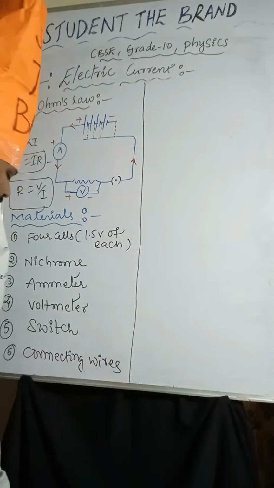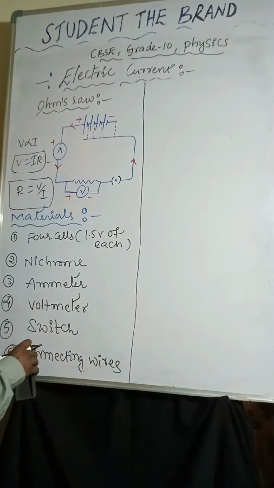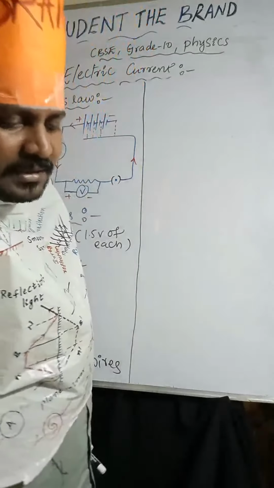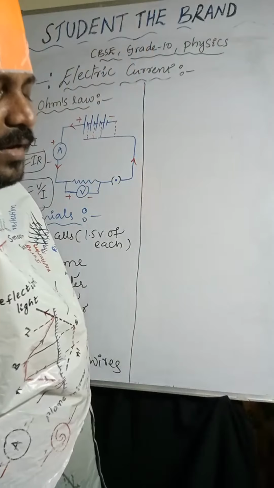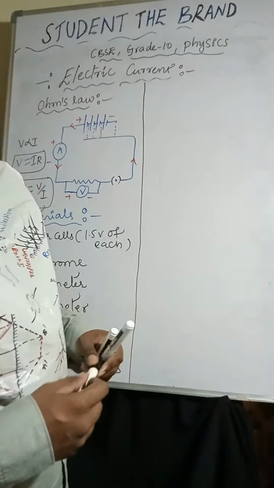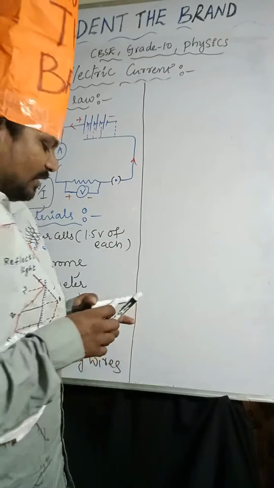What is the procedure to do this experiment? First, connect one cell and note down the readings of the ammeter and voltmeter.